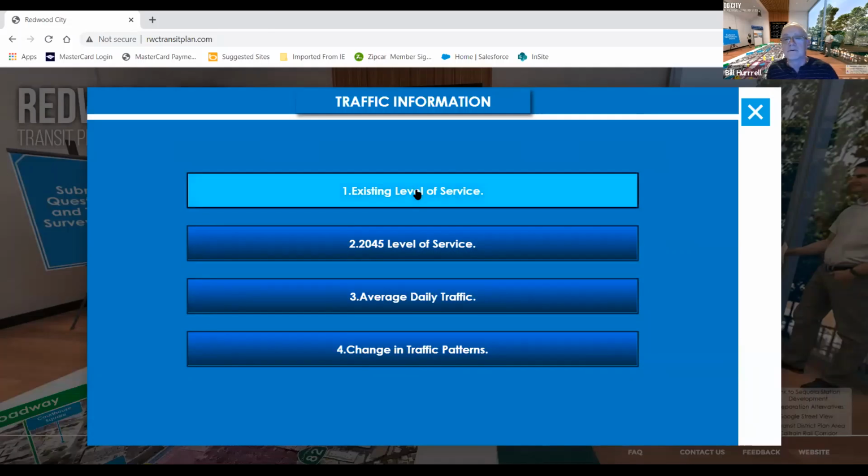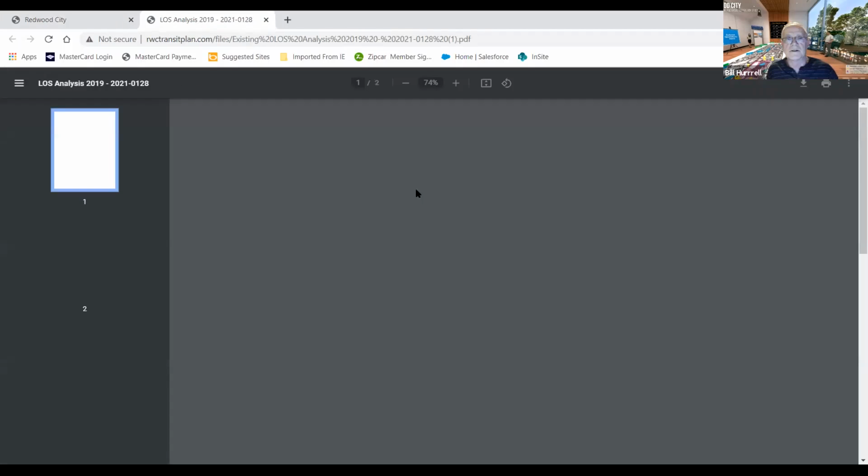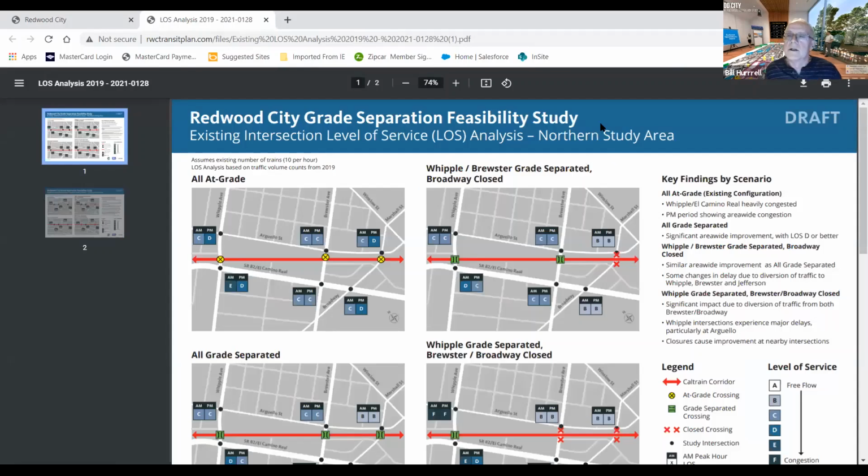Now, if we go to this first one, existing level of service, there's a diagram here which will help answer this question about what happens with the different alternatives. The first one shows traffic in the all at-grade situation. That's the existing situation.